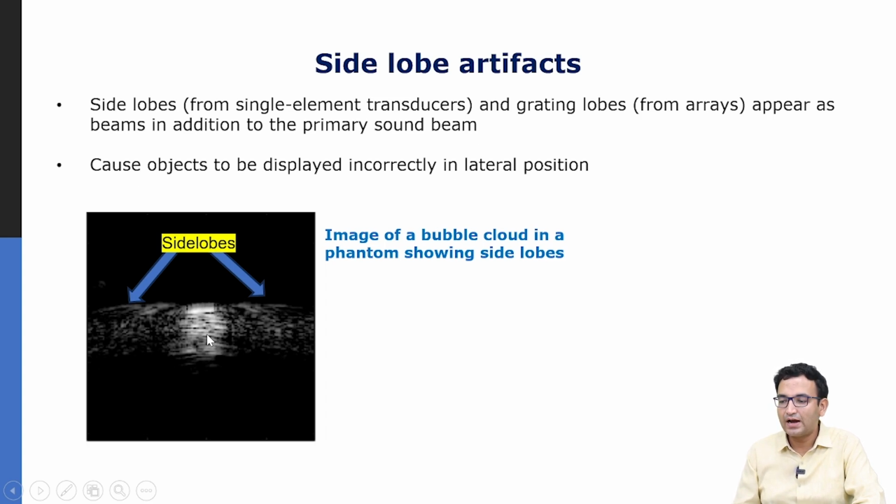If there is a strong scatterer, it will interact with the side lobes as well, and then you get these kinds of artifacts. Here there is a bubble cloud which is a strong scatterer, and these streaks which you see on the side are actually caused by the side lobes. So, the side lobes are going to show some structures which are not present in the actual image.